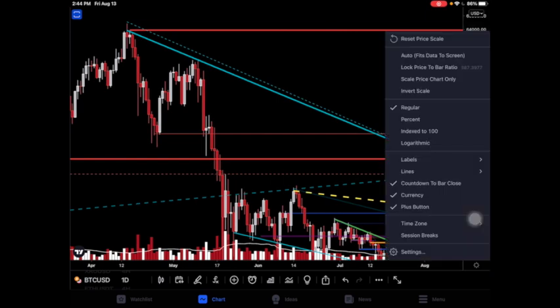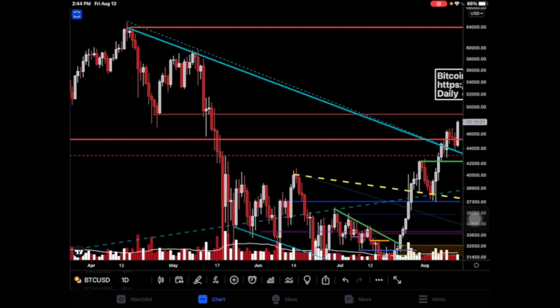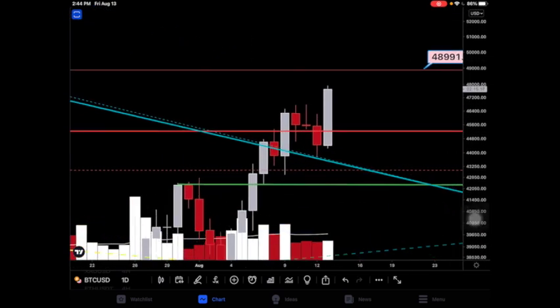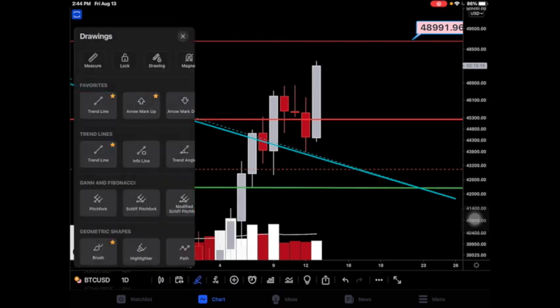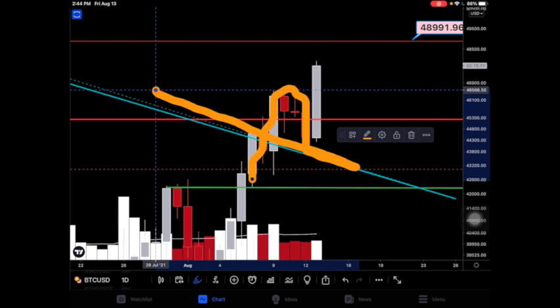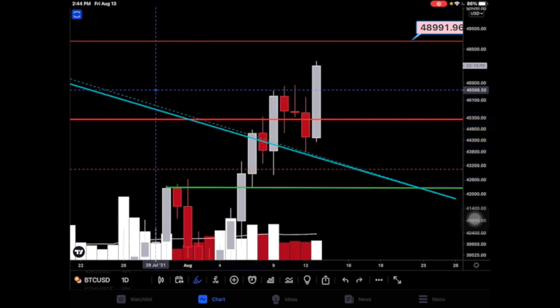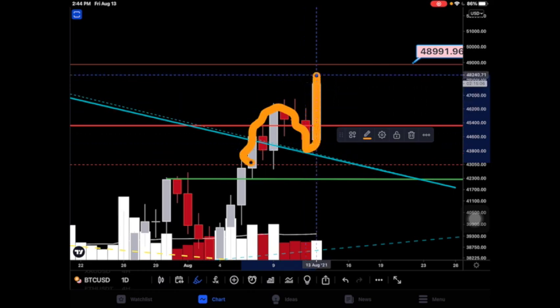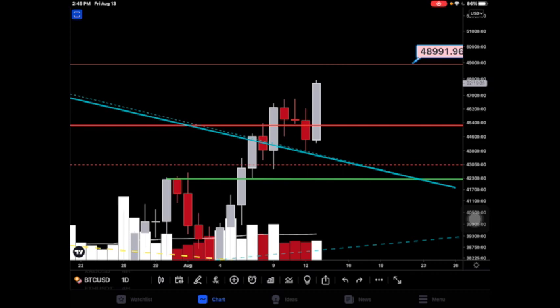Actually, if you turn on logarithmic, we can see that this is actually perfect. See how we have that bounce? And this is why you should be watching these kind of views. Up and down, right there. Do you see it? Once we kiss that line and the support, we got that big, nice curve, and then boom, we're free to go up.